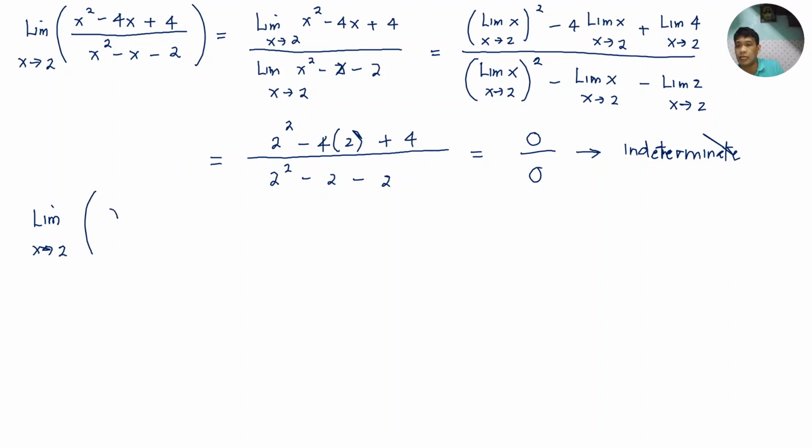So this becomes x minus 2 squared all over x minus 2 times x plus 1. So meaning to say, we first need to remove the cause of the indeterminate form for this limit to exist.